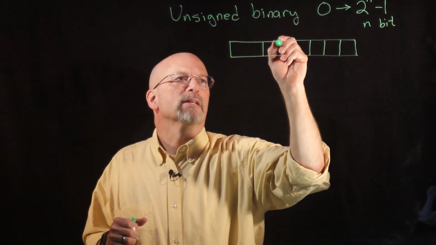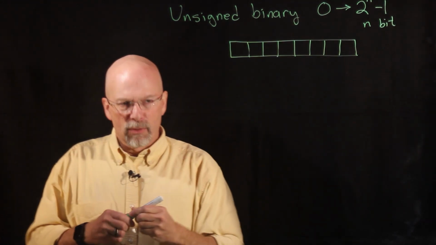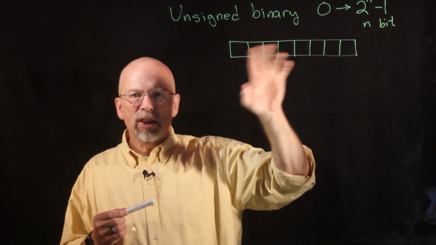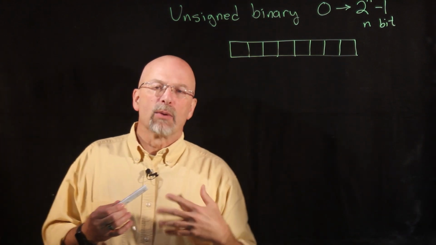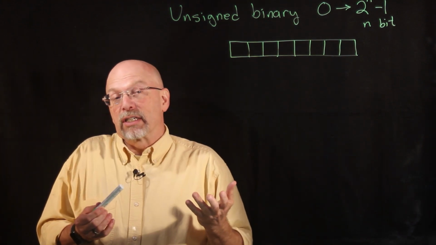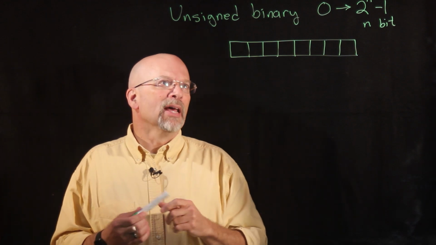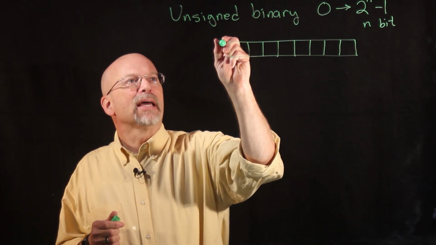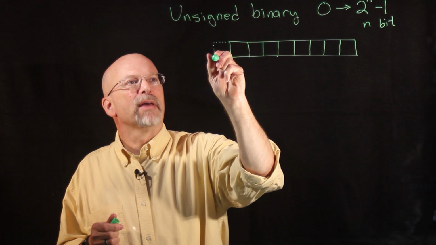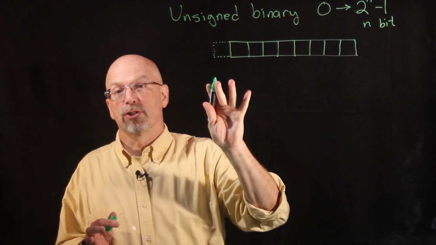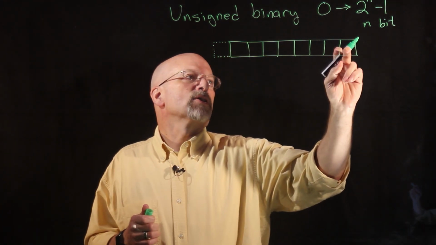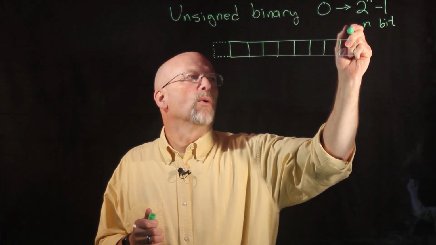Now, I'm going to make this little rectangle. And what we've got is each one of these boxes contains a 1 or a 0 based on what the transistor contains, right? And if we had had this 9th bit, this would have been the 2 to the 8th position, or 256. So this position right here is the 2 to the 0, or 1.